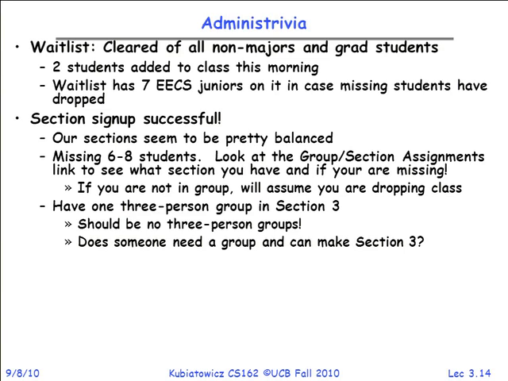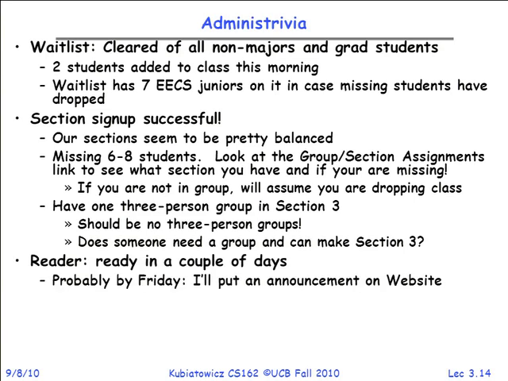We need to figure that out, because we shouldn't have any 3-person groups. If there are 5-person groups in the sections that have a 3-person group, maybe we could get somebody to move over. Are there any questions on group sign up? Please look. Tentative assignments are up, and I only have 147 students, so something's wrong there.